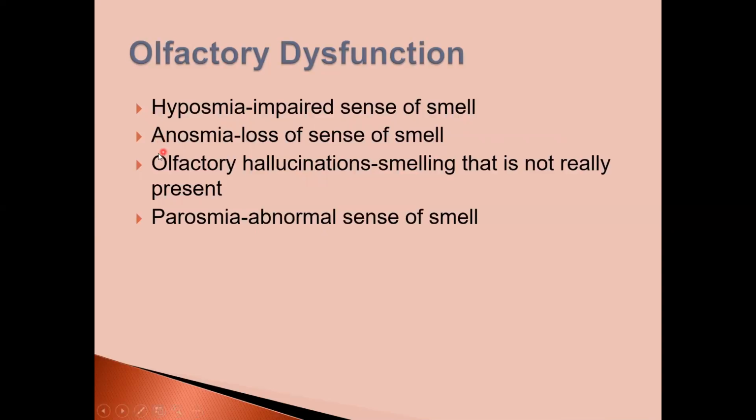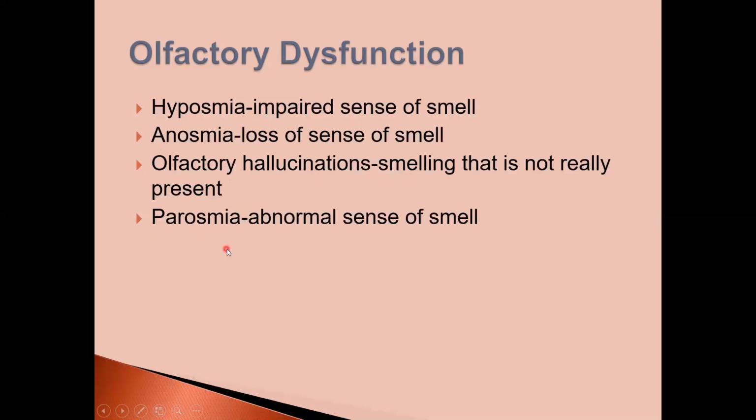I also want to bring your attention to the word anosmia, a loss of sense of smell. You'll notice that it usually means a loss of something, something's not there, like anuric means there's no urine. Anosmia, loss of sense of smell. And again, hypo means less than, hyper is more than. Olfactory hallucinations are smells that are not really present.